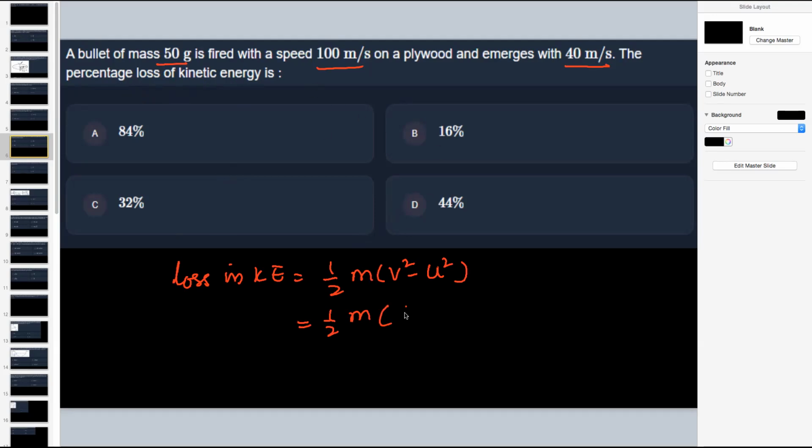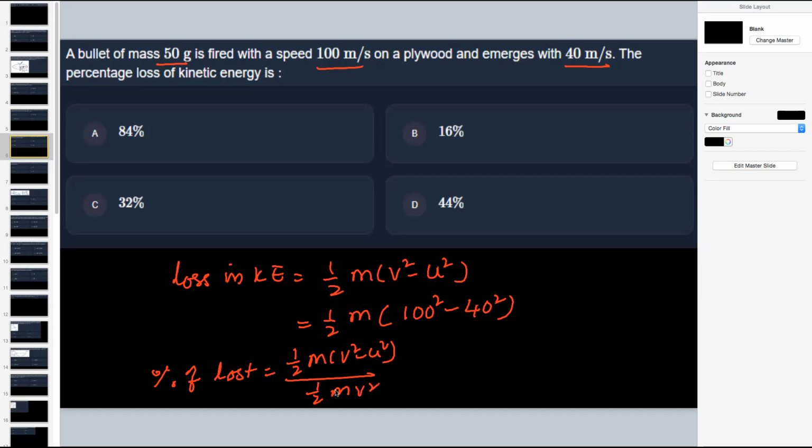What is the initial velocity? 100 square. Final velocity 40 square. This is the loss in kinetic energy. Now you are asked to find the percentage of loss in kinetic energy. This is half m into v square minus u square divided by half m v square. Half m gets cancelled. So I get 100 square minus 40 square divided by the initial velocity 100 square.